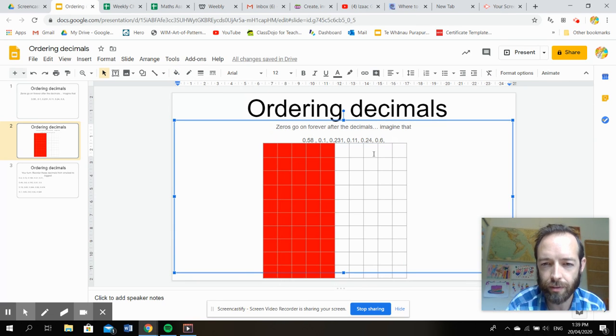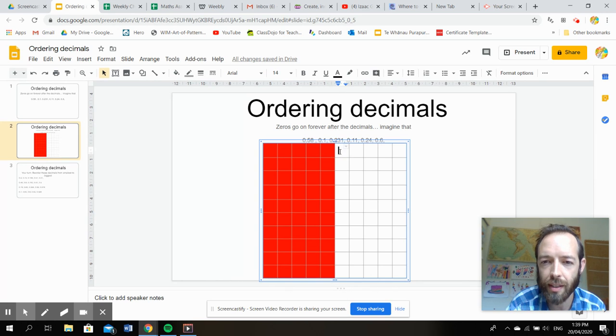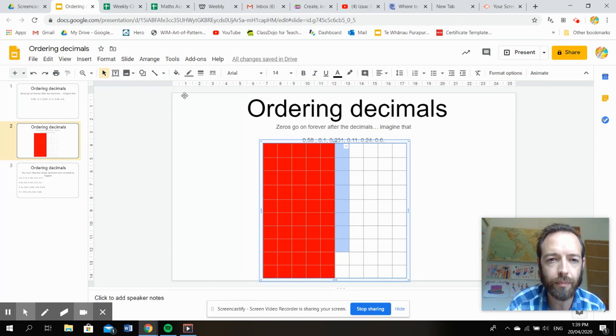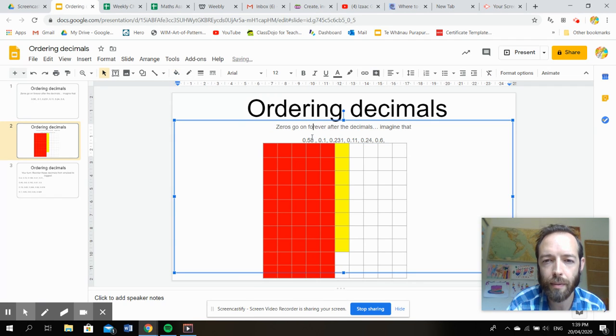That is the 0.5. The 0.8 is going to be 8 individual blocks. So I'm just going to do the 8 in a different color, and that's matching up to these colors here.